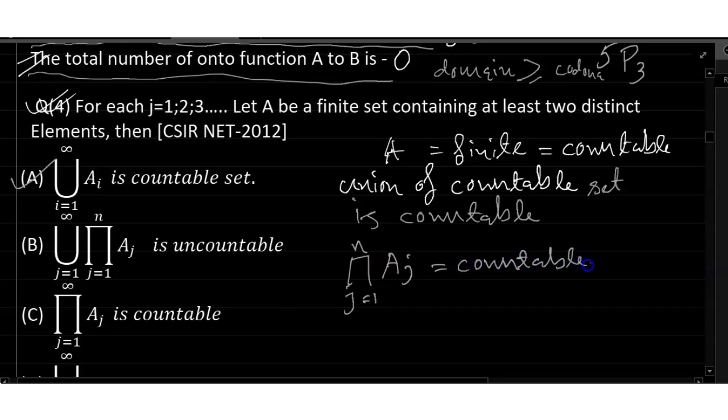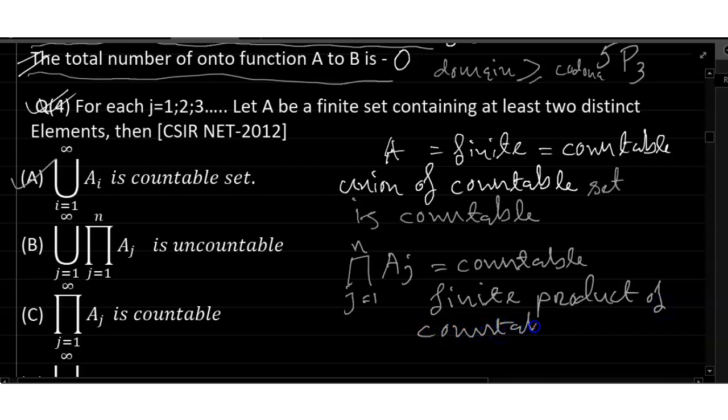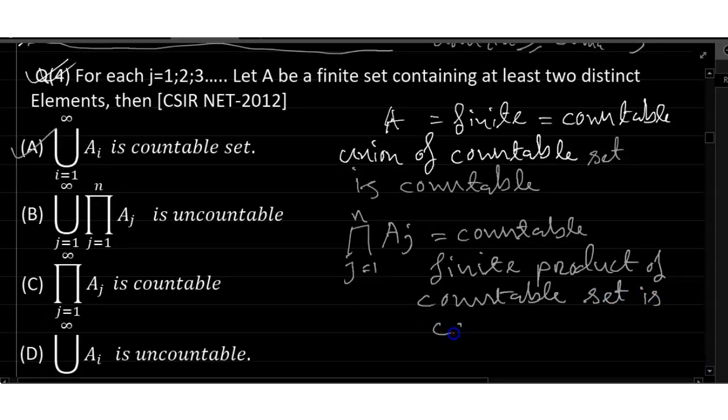Now the question is how it is countable, because it is the product of countable sets. A finite product of countable sets is countable, and the union of countable sets is countable. So it is uncountable, this is wrong.